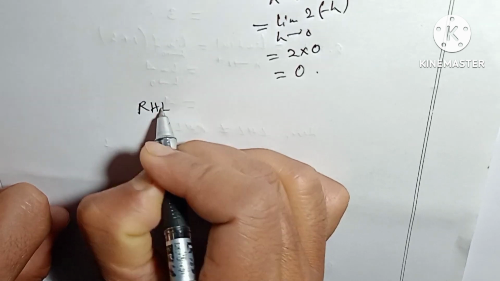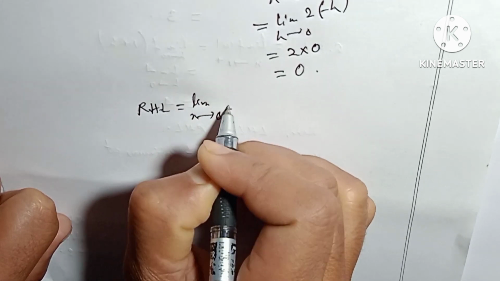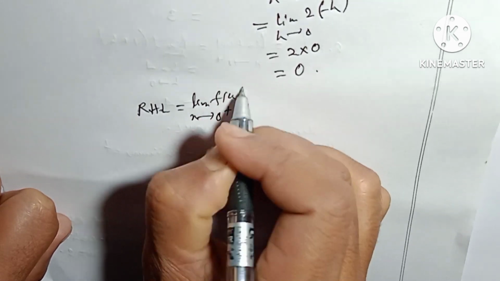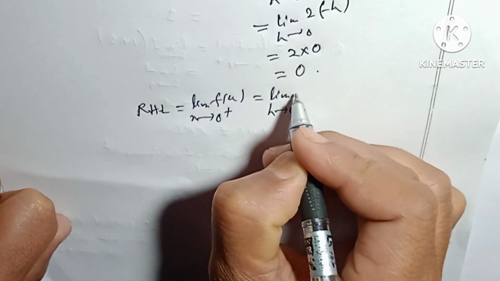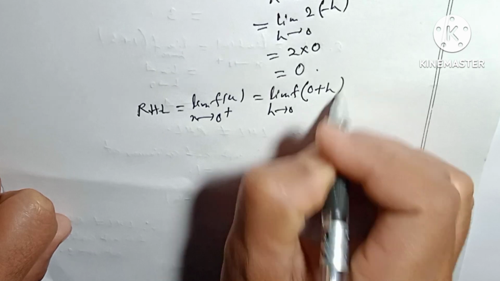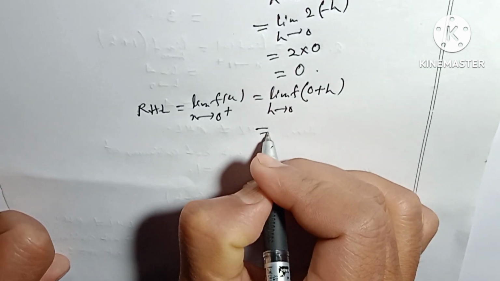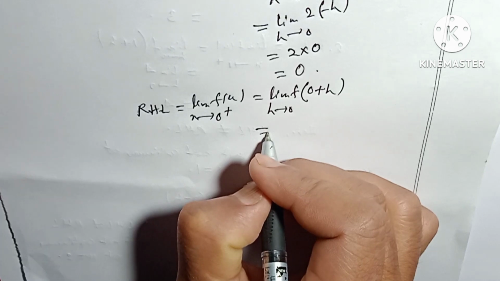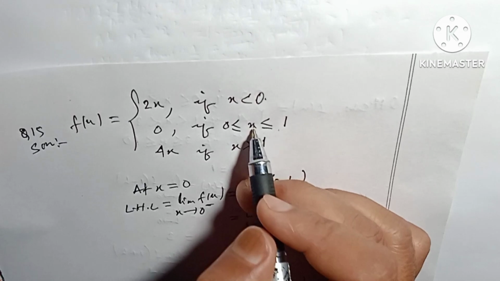Right hand limit equals limit as x approaches 0 from the right side of f(x), which equals limit as h approaches 0 of f(0 plus h), that means from the right of 0, which is equal to 0.